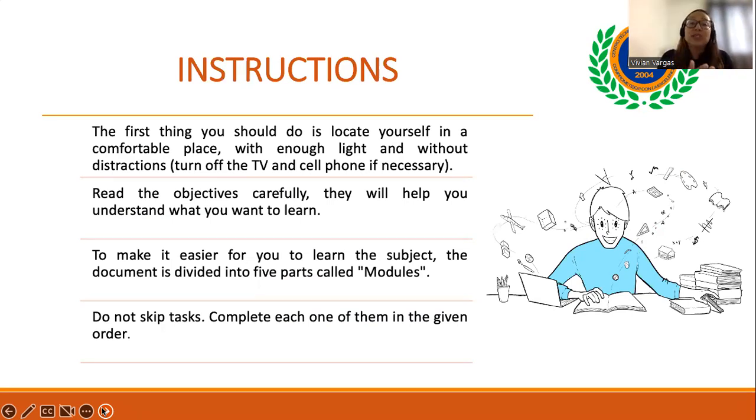I need you to understand what the objectives are, because if you understand the objectives, at the end of the class, you can say, yes, I got the objectives, the teacher took me there, or no, I didn't get the objectives, okay? We need to understand that this is divided in 5 parts called modules, and it's important that you do things in order. If you do things in order, at the moment you take your test, it's going to be easy peasy for you because you did things in the order that you were supposed to do them.